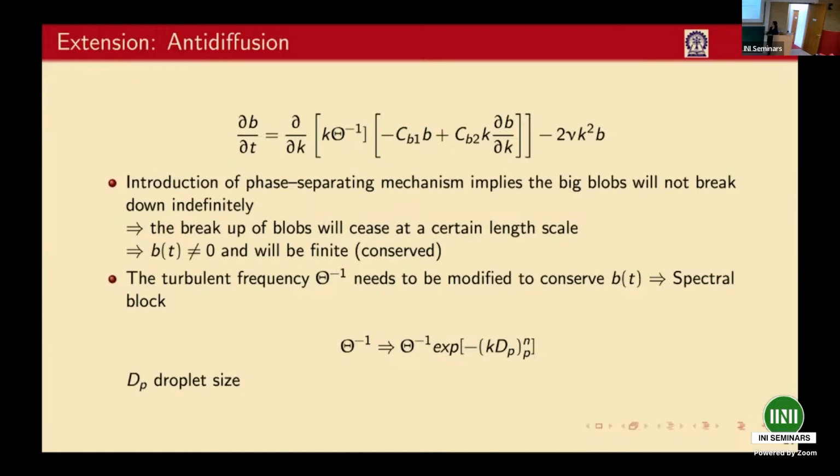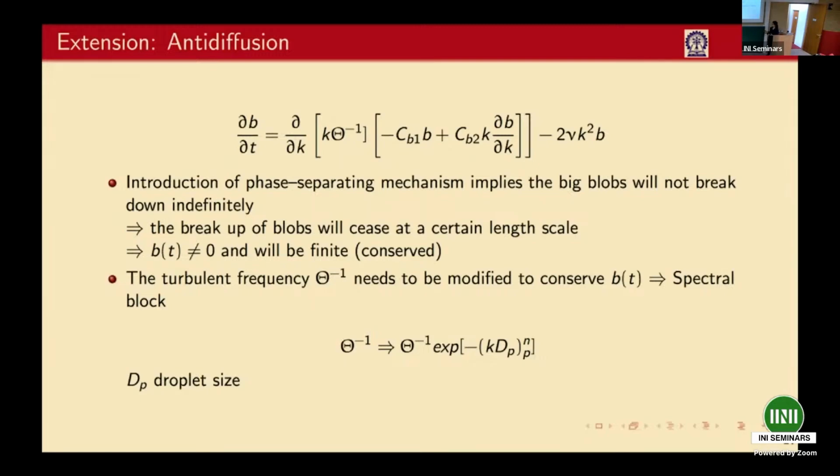In the things I said so far, the two fluids mix down to molecular scales. There is no length scale at which the mixing stops. That is, they mix perfectly with one another.